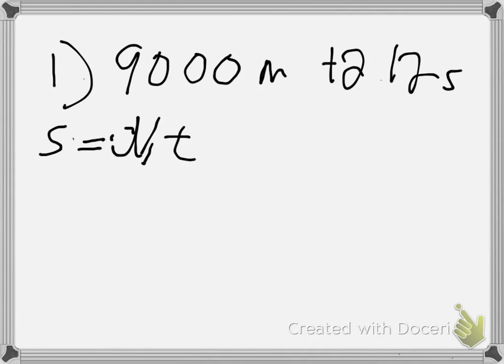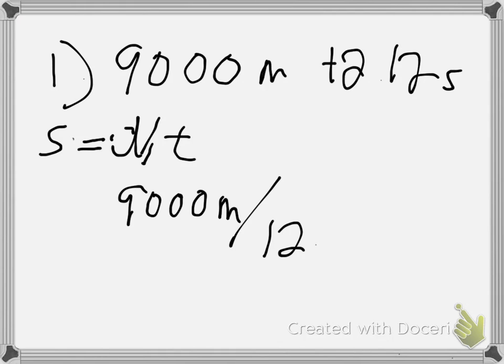So for the first problem, we'll take the distance, which is 9,000 meters, and then the time is 12.12 seconds. So notice first I wrote out the equation, second I plugged the numbers in, and then finally I will solve it.